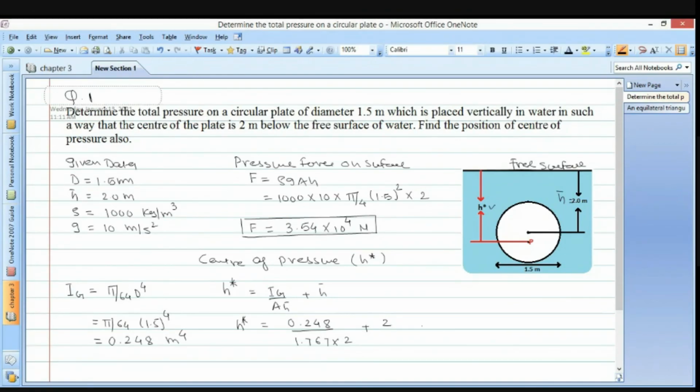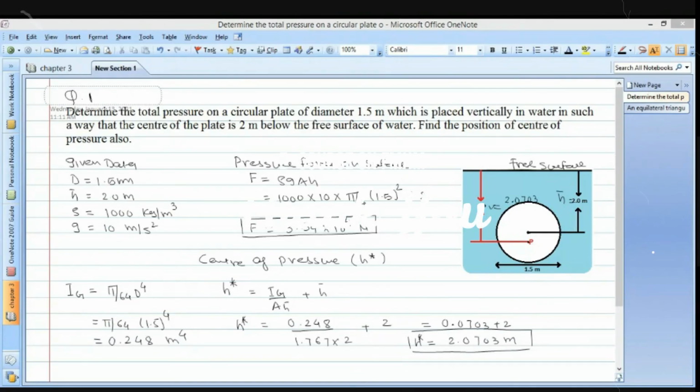So we get 0.0703 plus 2, and the answer is 2.0703 meter, and that is the height of this center of pressure. So in this way you need to solve this numerical. Thank you for attending this lecture. Thank you.